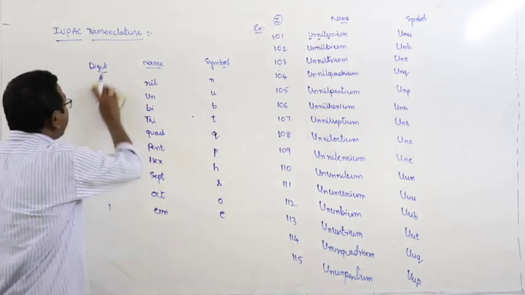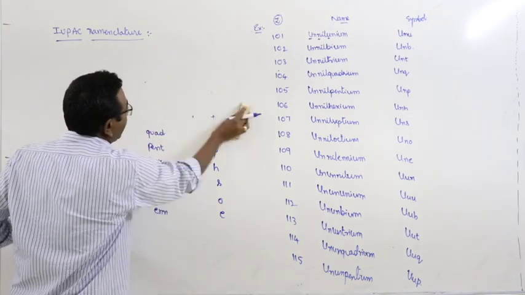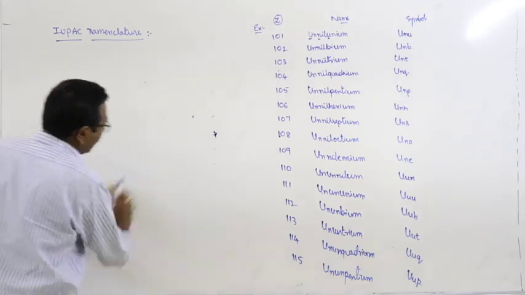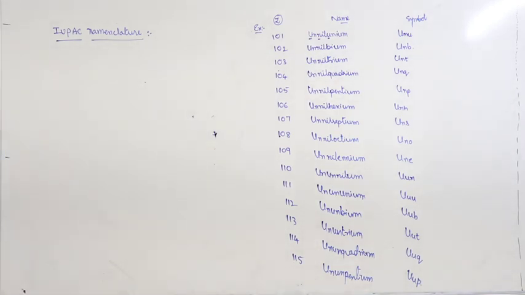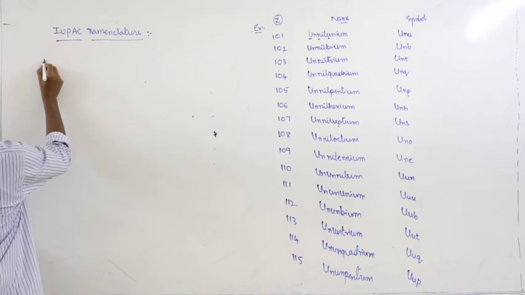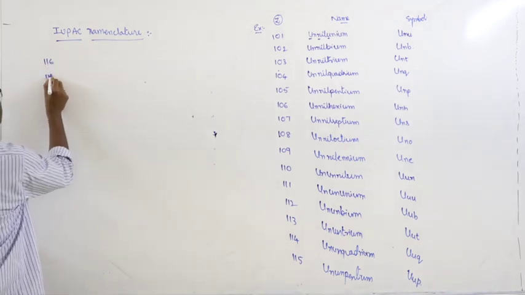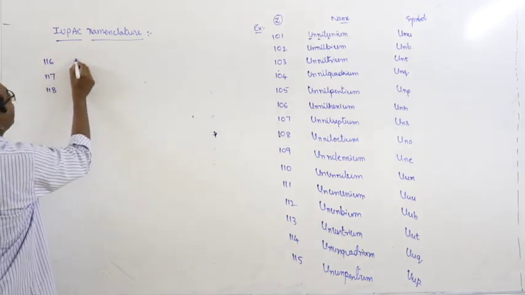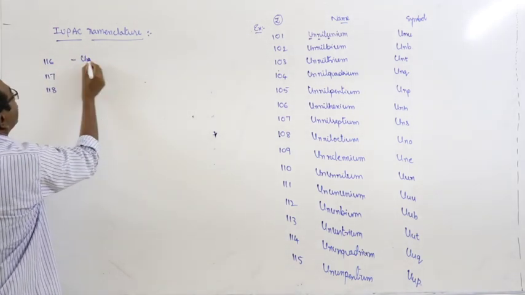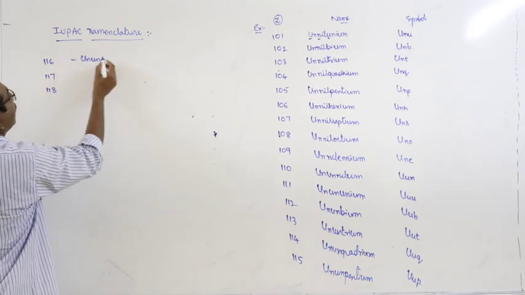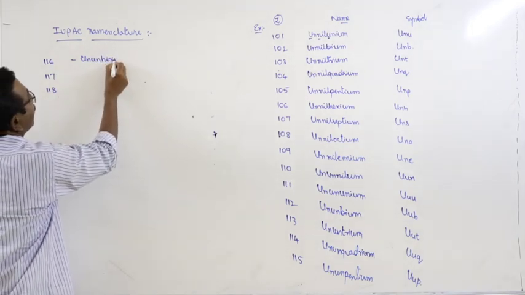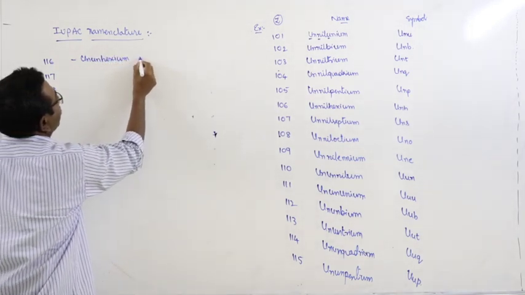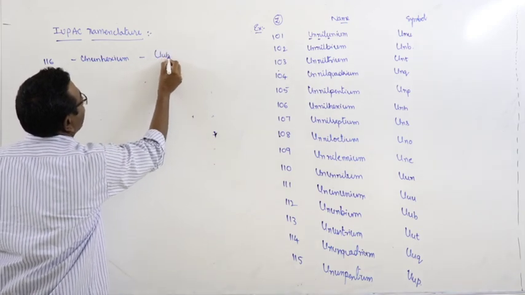And here we can write or name the remaining elements also. What are the remaining elements? After 115, here 116, 117 and 118. First digit un, second digit un, third digit hex plus ium, hexium.